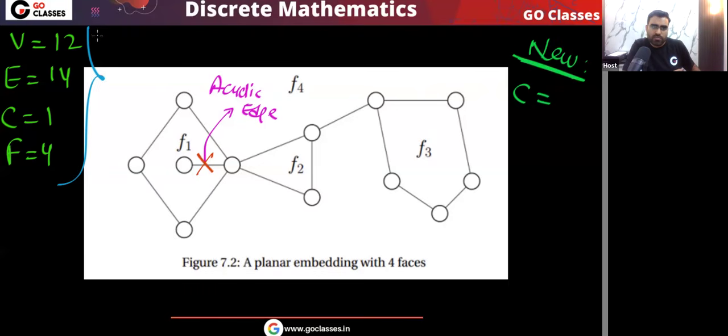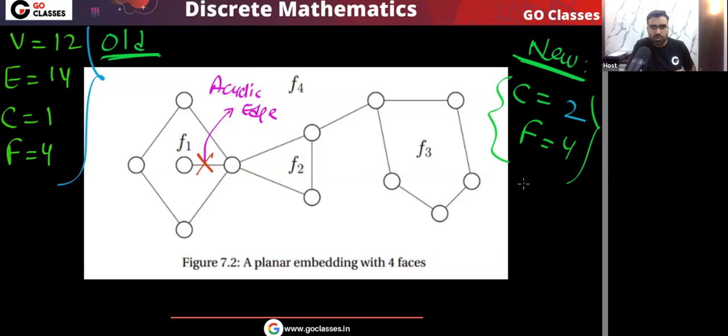The old values were these. Now the number of components increases by 1 and becomes 2, because this vertex will be one component and the remaining graph will be one component. And the number of faces will be unchanged. Is this point clear? Of course, the number of edges reduces by 1 and the number of vertices is the same.